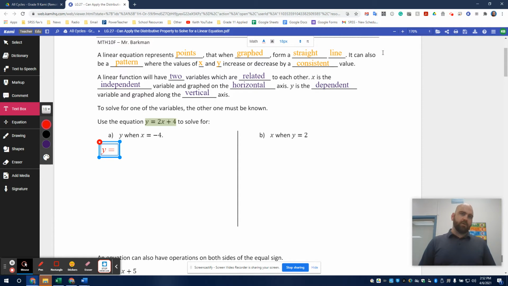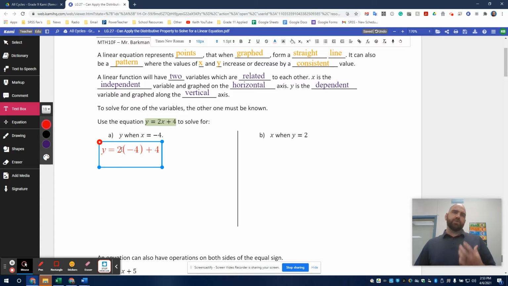Y is equal to 2, and now we're going to insert the negative 4 in for x, plus 4. So when x is negative 4, we're just going to insert it into the equation. The equation has an x spot. We plug in the negative 4 into that x spot. We don't change the equation around at all. We just plug it in. It's saying 2 times x, so we do 2 times negative 4, and then we add 4 to it.